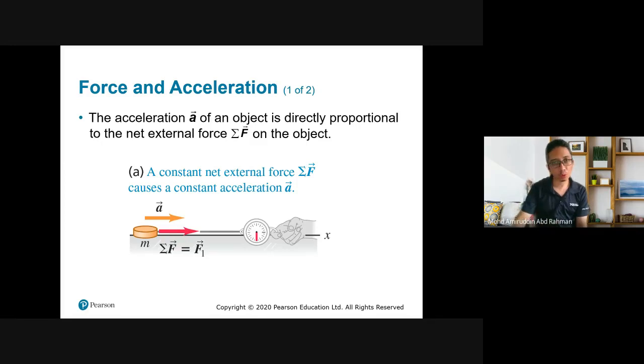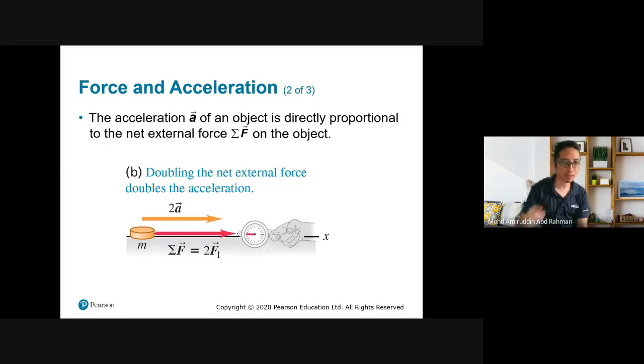So the acceleration is proportional to the external force applied on the object. Let's say if we pull two times stronger, of course the acceleration will be double, so it is equivalent to the force that you applied on the object.